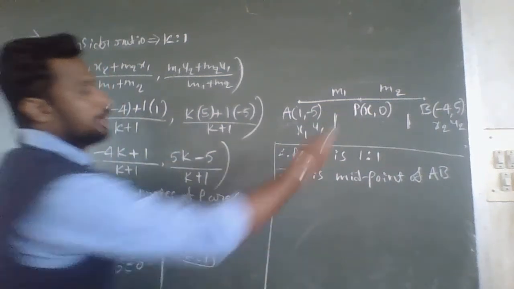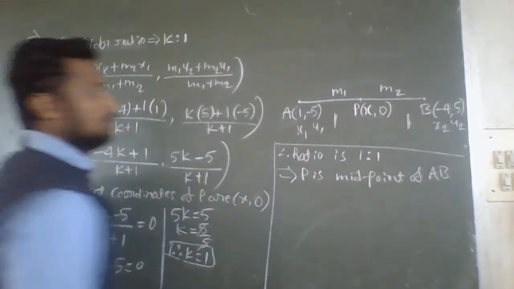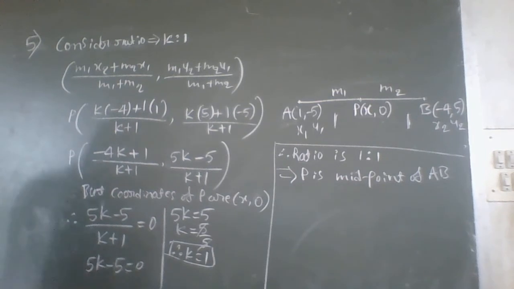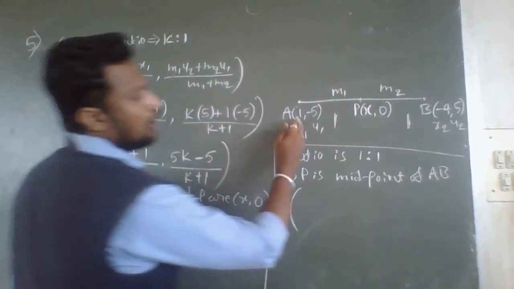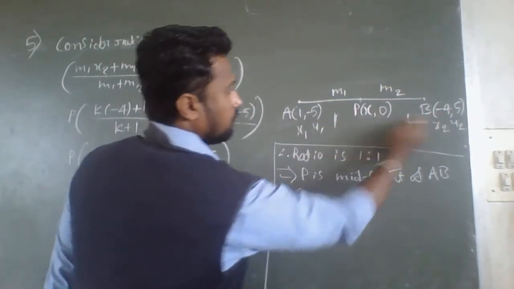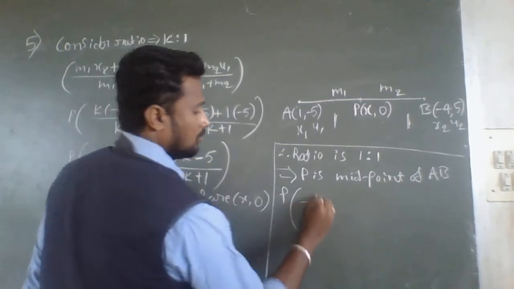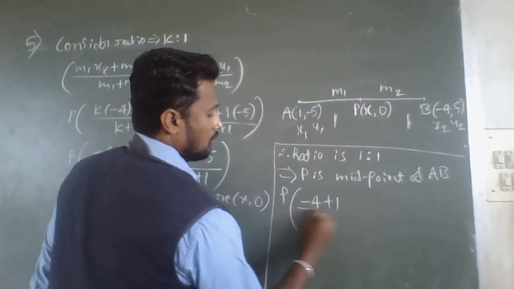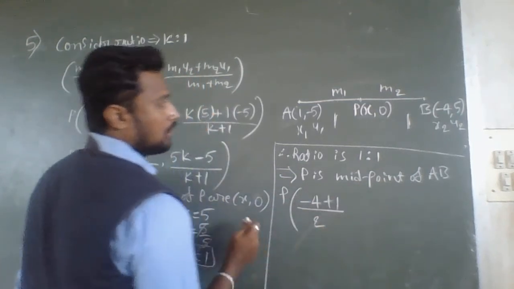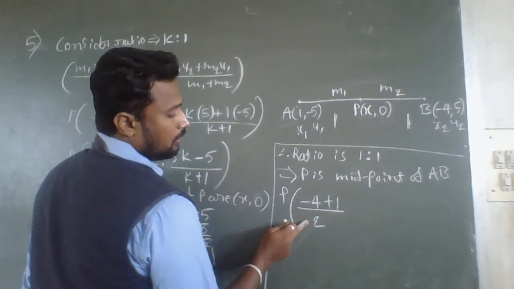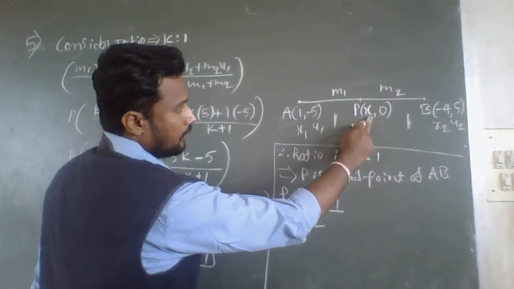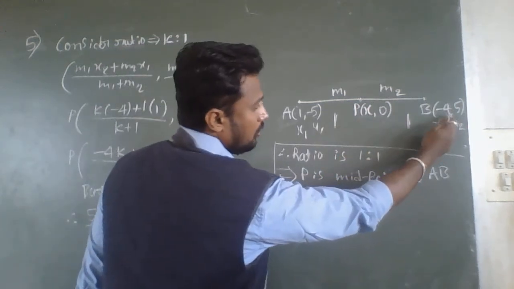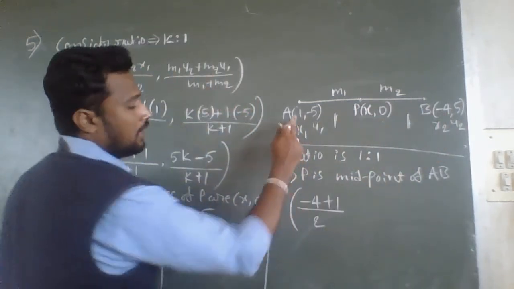And now to calculate this x value, what can we do? We know that this P is the midpoint of AB. So P will be, we add these two values, minus 4 plus 1, divided by 2. We will get the x coordinate of the midpoint, because we considered the x coordinate only, minus 4 and 1.